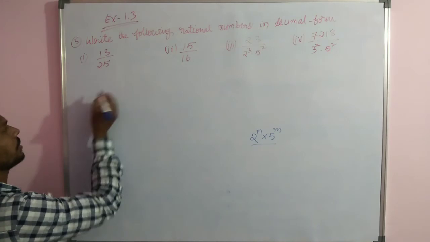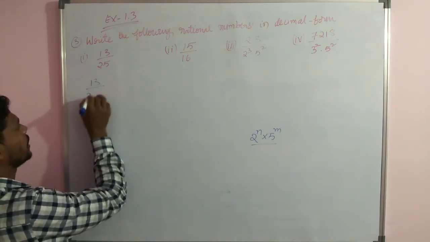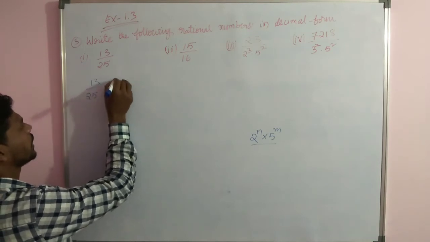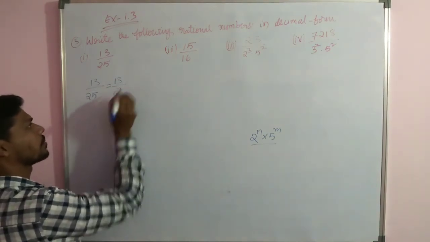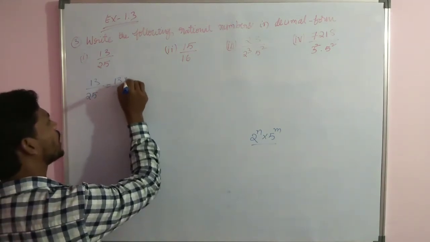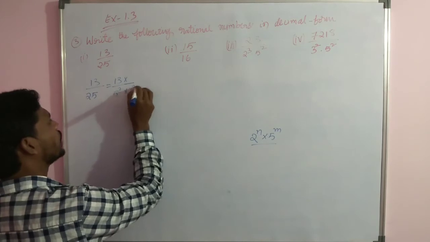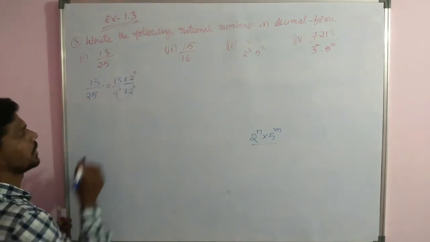Here 13 by 25 is given. 25 can be written as 5 square. Now multiply both numerator and denominator by 2 square. Why? 5 2s are 10, it gives that.